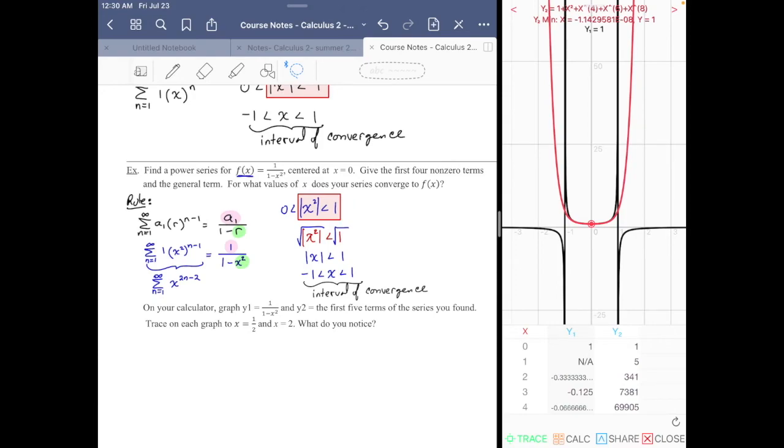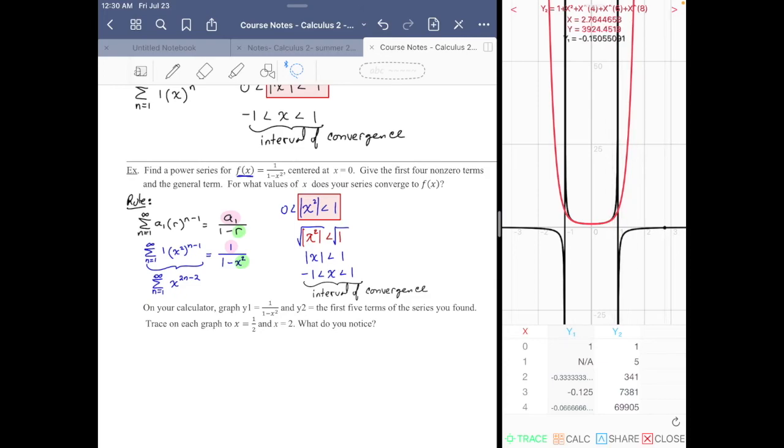And so if you go into second trace option 1 on your calculator, it says value. Select that and then type in 1/2 or 0.5. It'll bring you, it's going to look a little different on my screen, to 1/2. I'm going to get it pretty close, but you'll see that the y values are almost indistinguishable from one another.